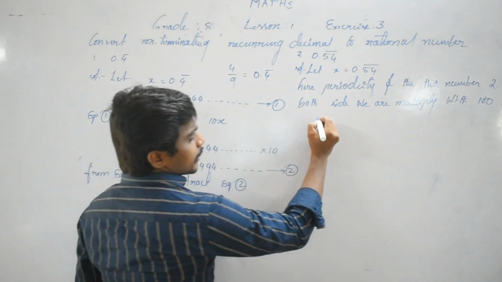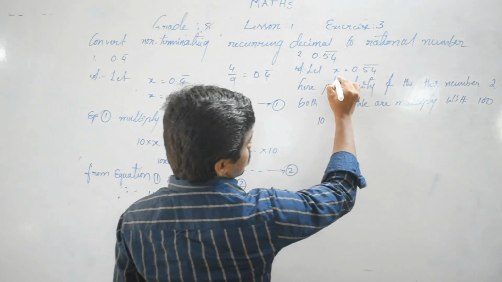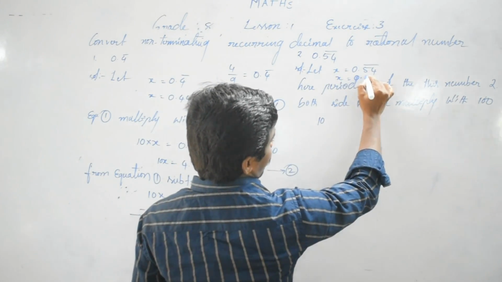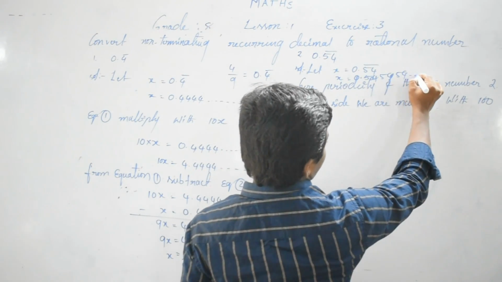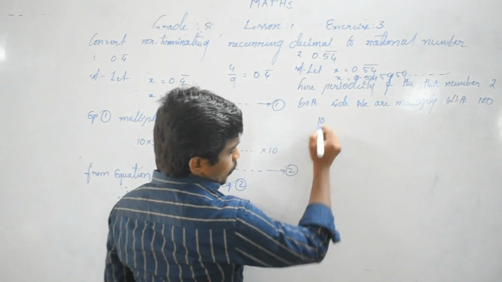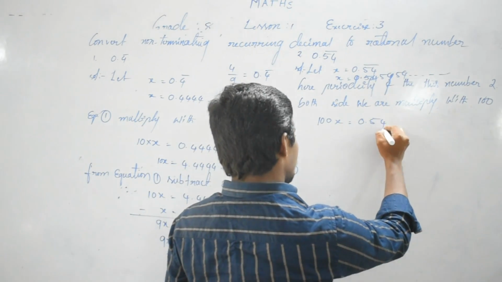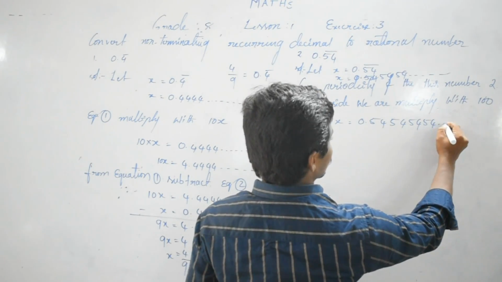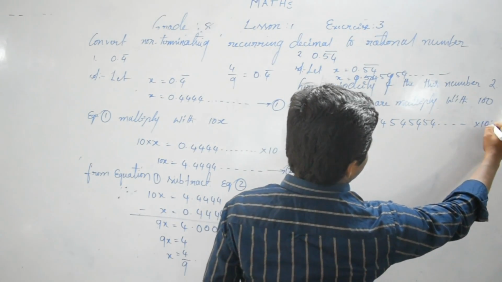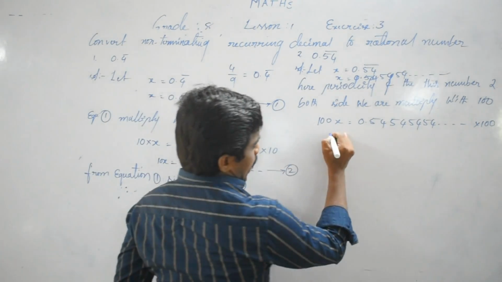So 100 into x. Here x equals 0.5454, so 100x equals 0.5454 into 100.